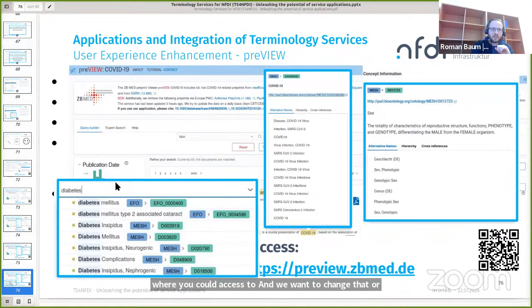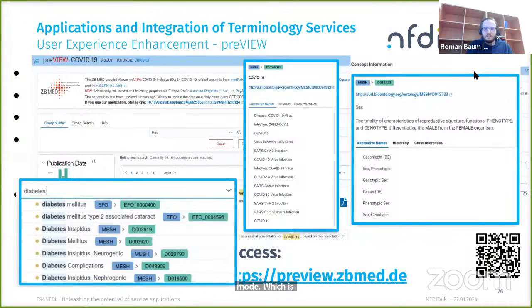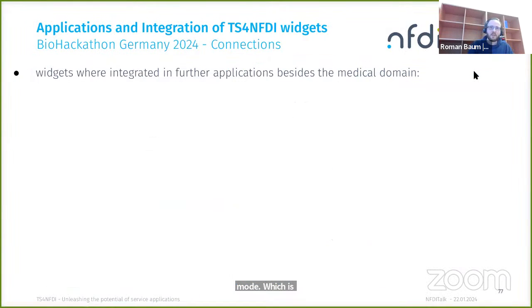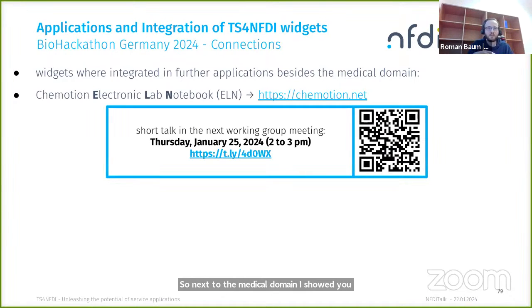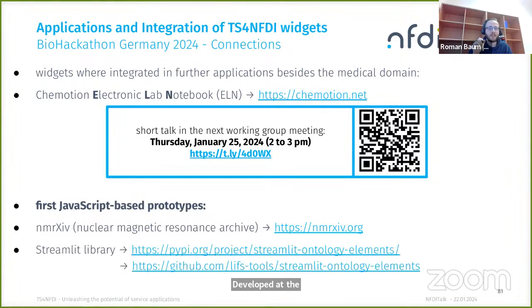So let us go back to our talk and to the presentation mode, which is here. So next to the medical domain I showed you before and Kmotion, which is next Thursday, we also have two first JavaScript-based prototypes developed at the Biohackathon Germany 2023. There's NMArchive in one case.